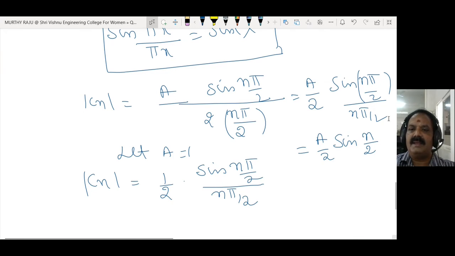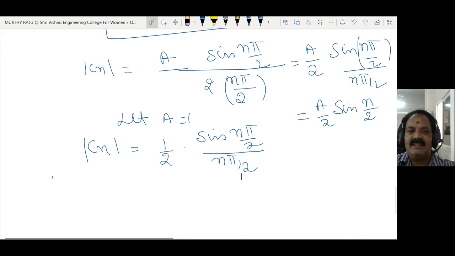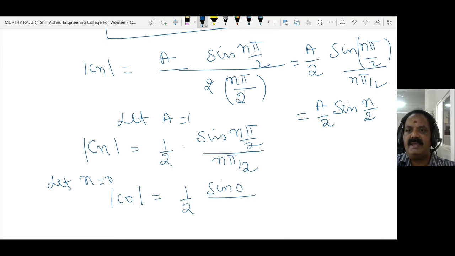Let n be equal to 0. If we want to draw the magnitude response, mod C naught is equal to 1 by 2 sin 0 by 0, which is 0 by 0. Sin 0 is 0, an indeterminate value.